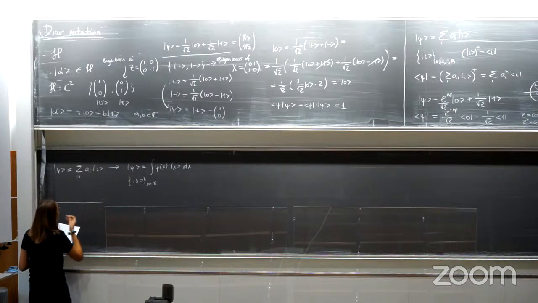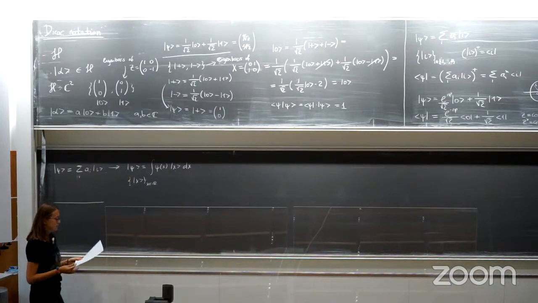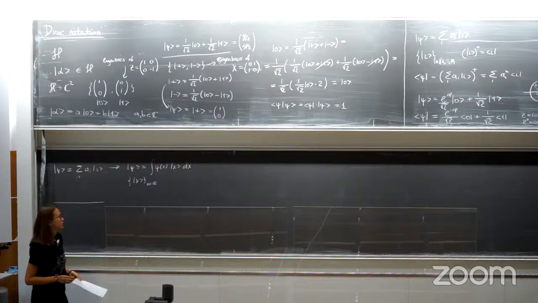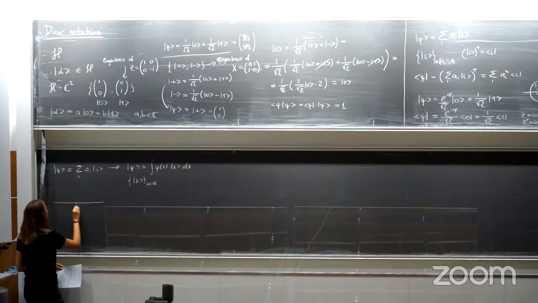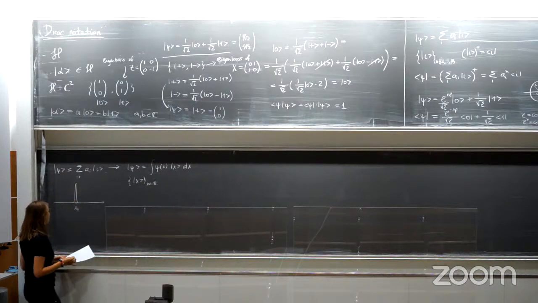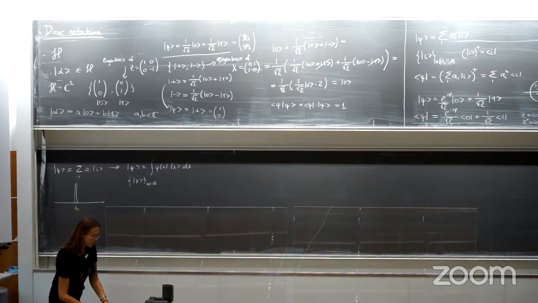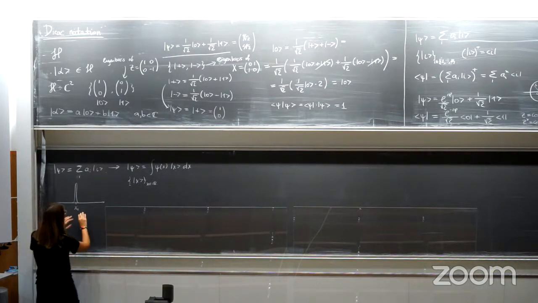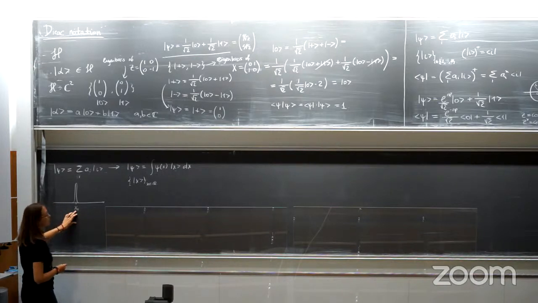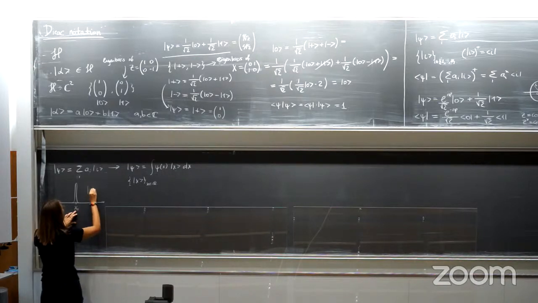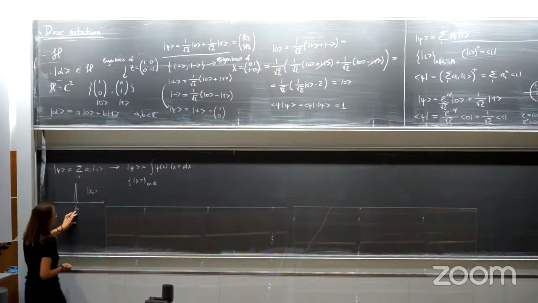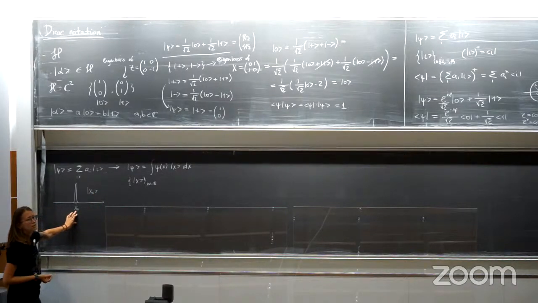Suppose that there is a particle which is known to be exactly at the position x0. And then we want to describe the state of this particle. So the corresponding ket, which we label the state of this particle, is just ket x0, because we know it to be exactly at the point x0.